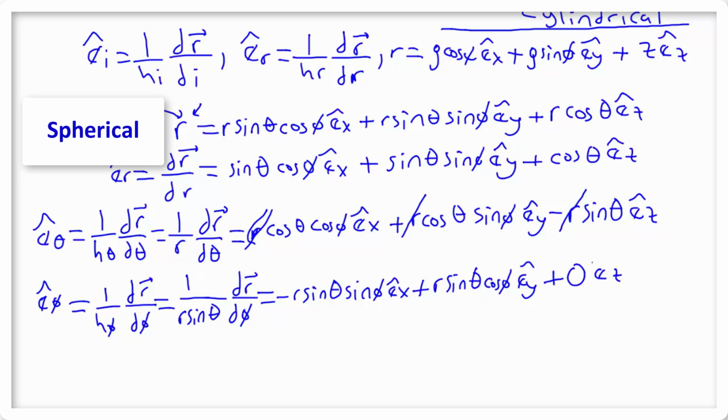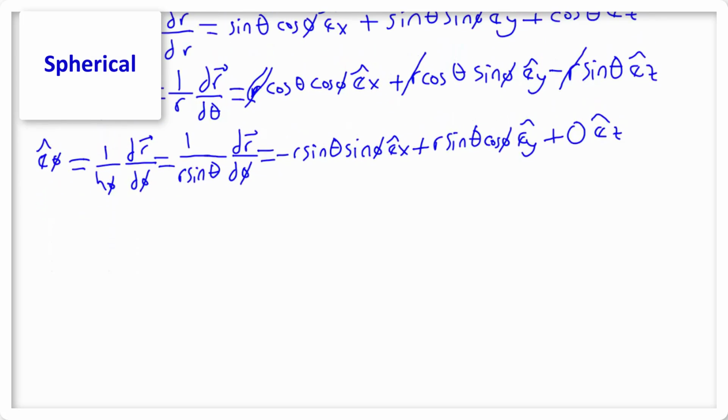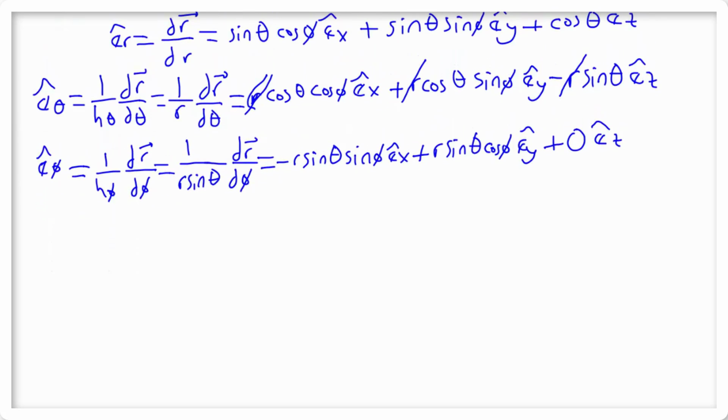Now that I understand that, what I have right now, as you can see, is er in terms of ex, ey, ez. They all depend on ex, ey, ez. Very nice.